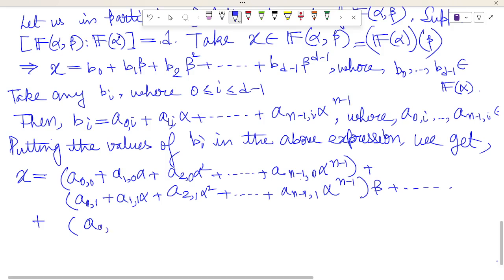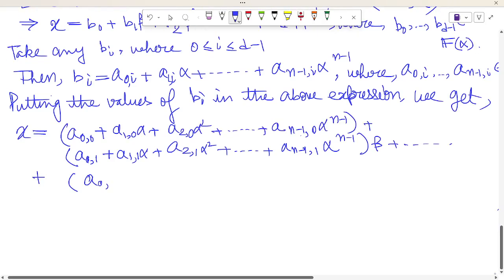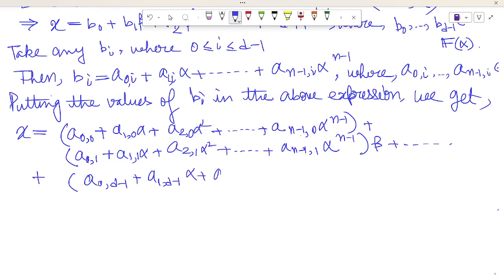So it will be 0 comma b minus 1 plus a 1 comma d minus 1 alpha plus a 2 comma d minus 1 alpha square plus dot dot plus a n minus 1 d minus 1 alpha to the power n minus 1 beta to the power d minus 1. That much. What does that mean?